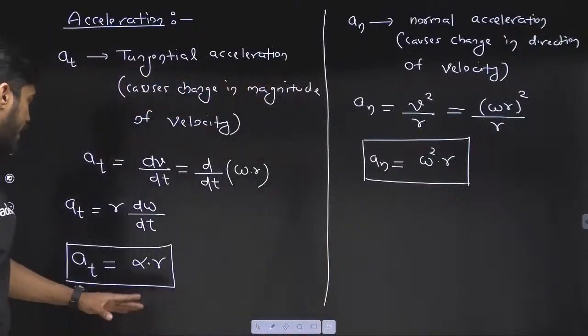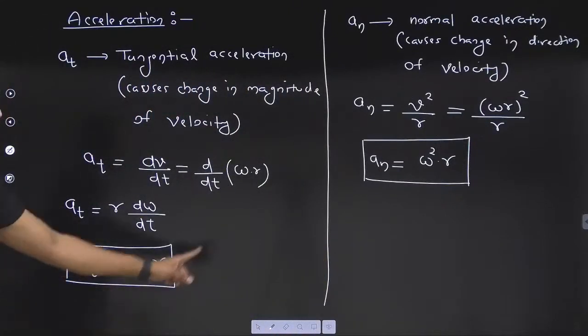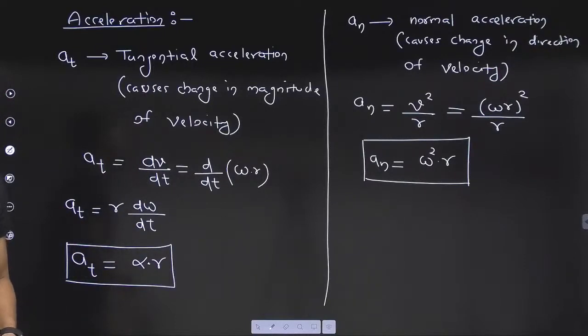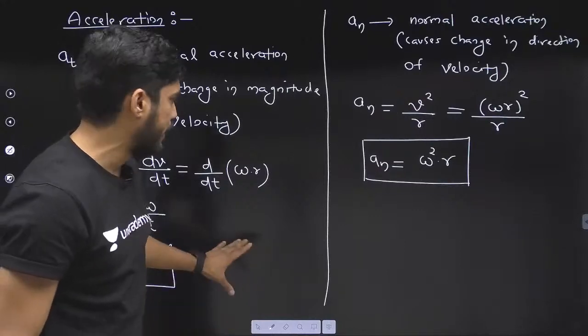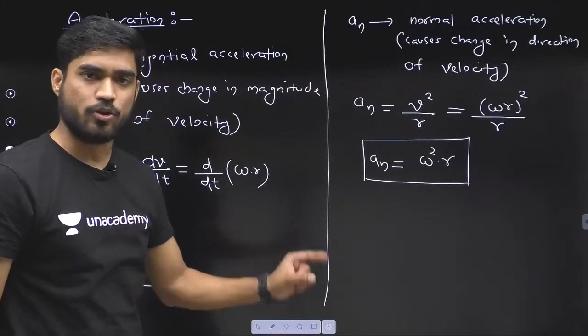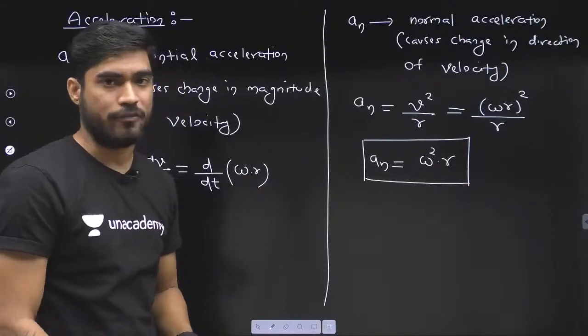So understand this beta, at is alpha into r, an is omega square into r. Now these are the magnitudes. We also need to see what will be the direction of at and an.